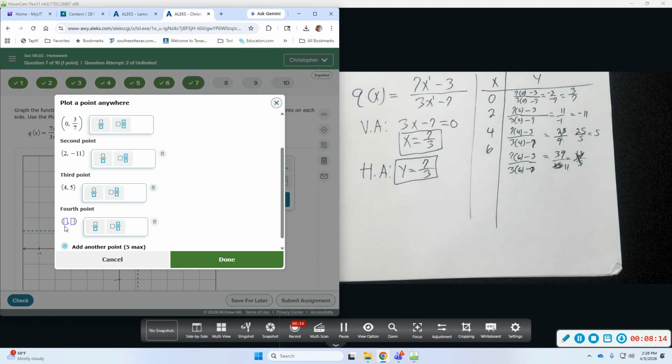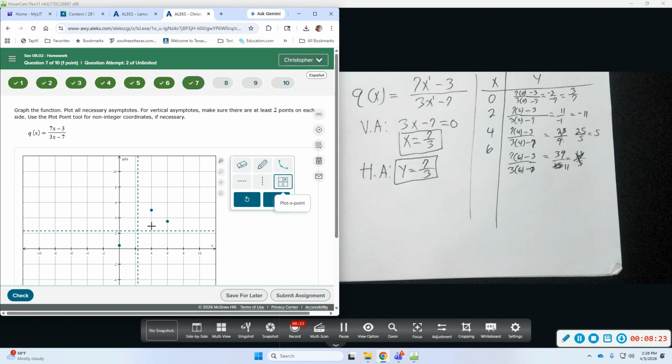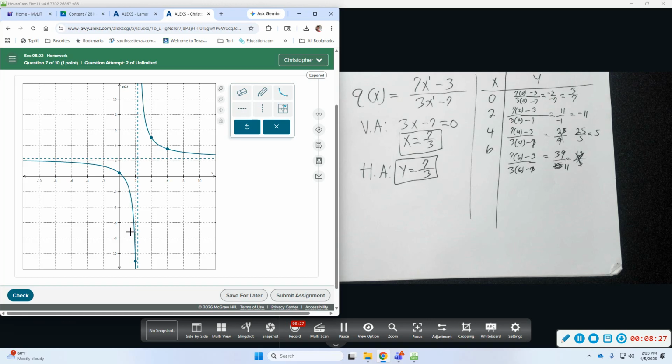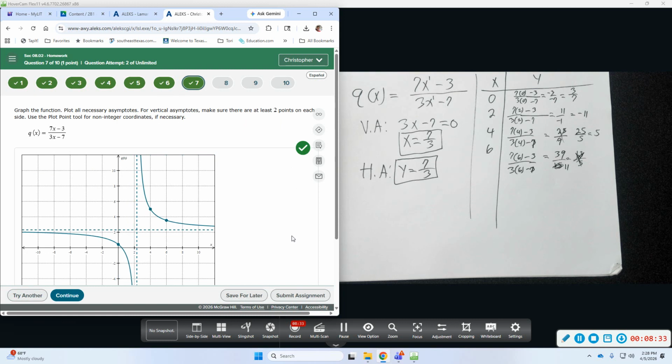And then 6 and 39 divided by 11. Okay, so let's graph. Okay, so that looks better. Rational functions give you those kind of smooth curves like so. All right, so let's check it. And we get a green check, so we're good to go.